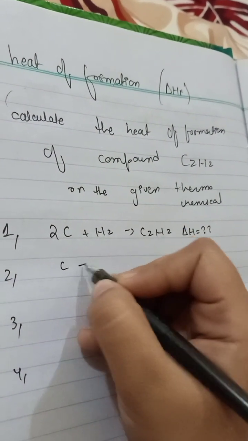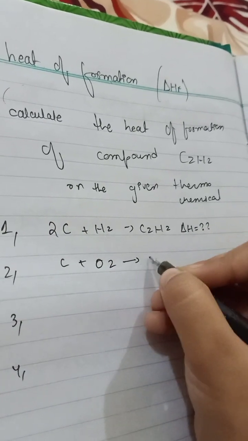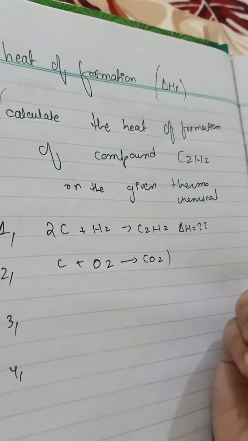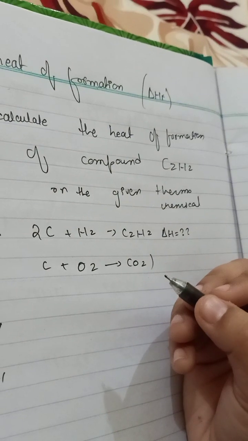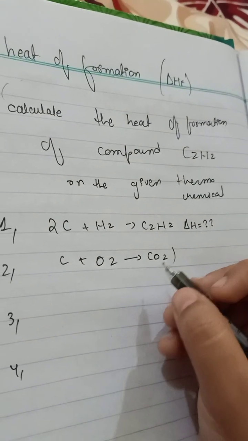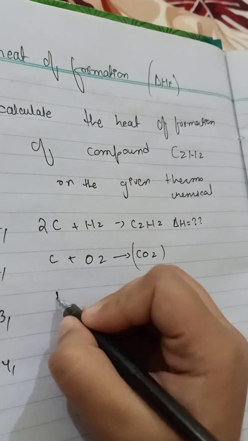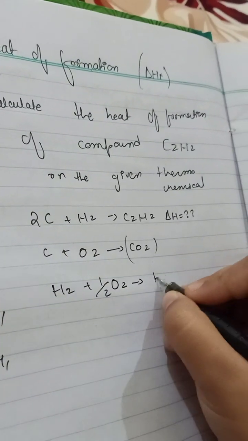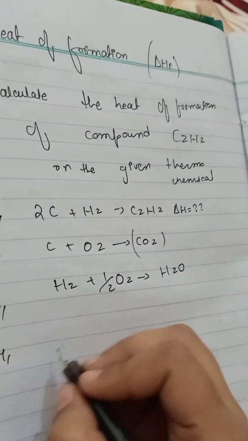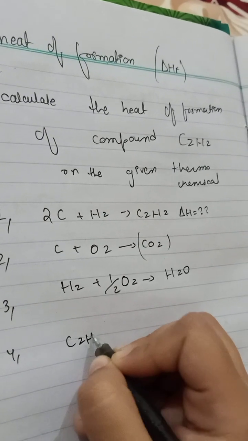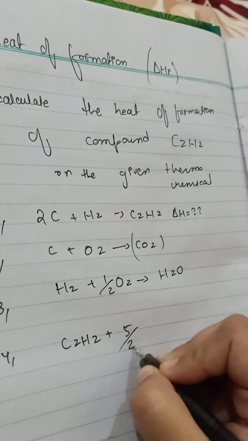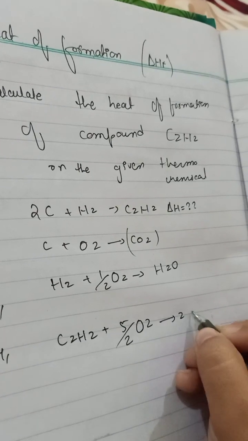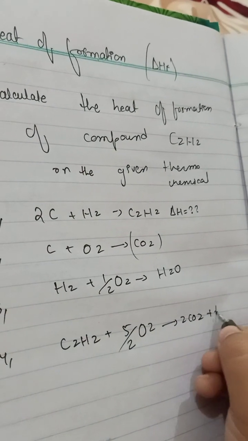I'm having the second reaction. This is a combustion reaction, and the mole should be 1 mole of the reactant, remember? So let me write first of all C2H2 plus 5/2 O2 gives 2 carbon dioxide plus H2O.